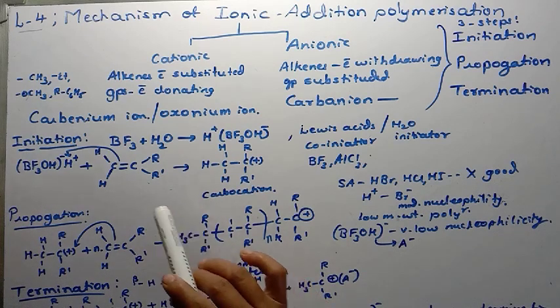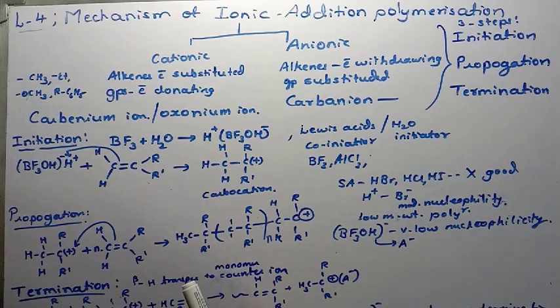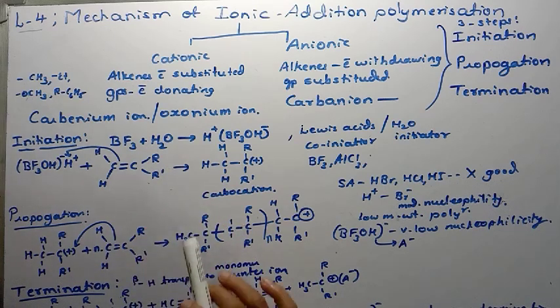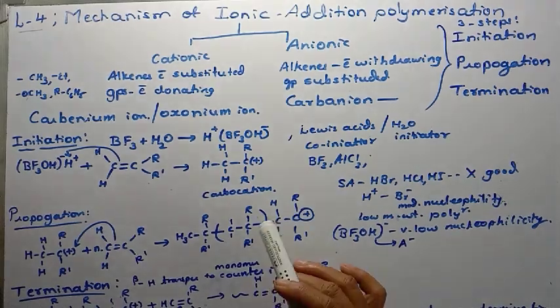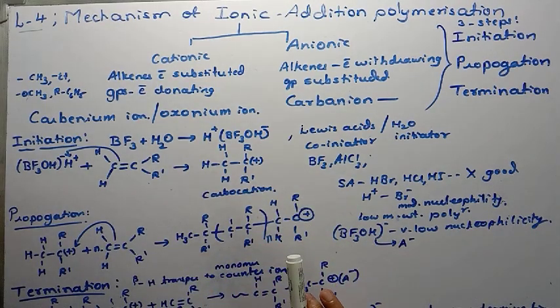Here the electron donating groups are like methyl, ethyl, ether or phenyl groups. They act as electron donors. Under cationic or anionic polymerization, once again there are three steps as you have seen in the free radical mechanism.